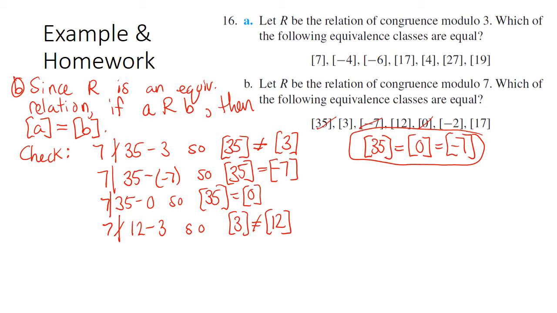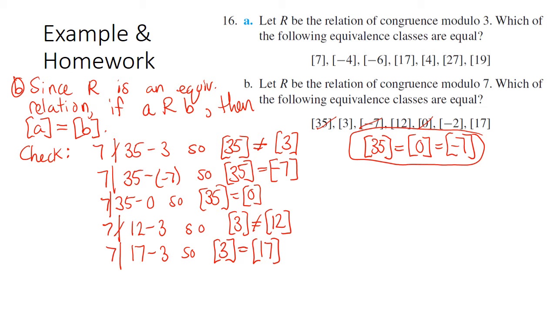Okay, I can compare 3 with, let's see, what else is there? Okay, 7 does divide 17 minus 3. So we found that one. Those two will be the same. Did I check everything else against 3?